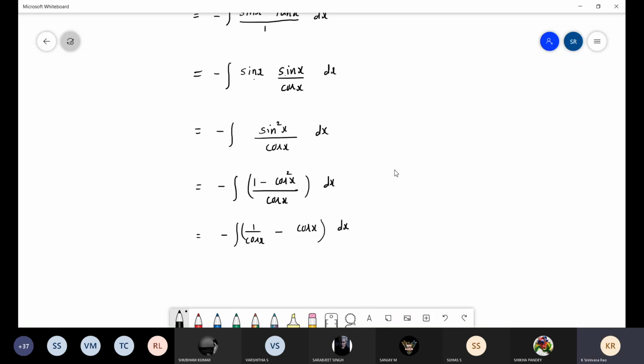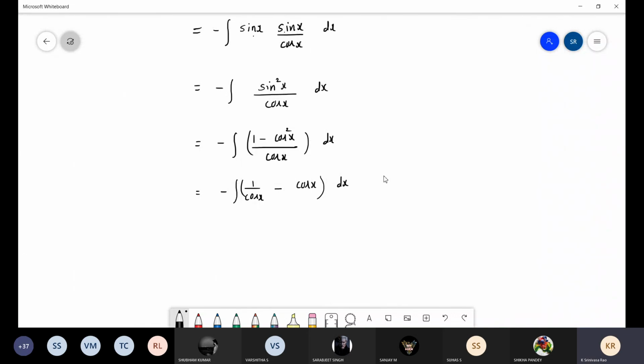Finally, minus integration of secant x minus cos x dx. That gives minus of log of secant x plus tan x minus sin x, the integration of cos x. To complete this I take one constant, say k1. This is A.